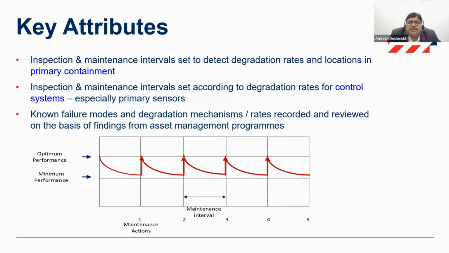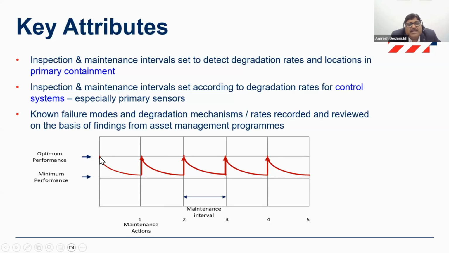Now, this is something important which I would like to share with you. If you look at the optimum performance of a particular equipment, in the first box where I am trying to highlight the optimum performance, when I'm putting the equipment to use, you'll find that typically in a theoretical world, we assume that over a period of time before it approaches its first maintenance, the deterioration would follow this particular curve.